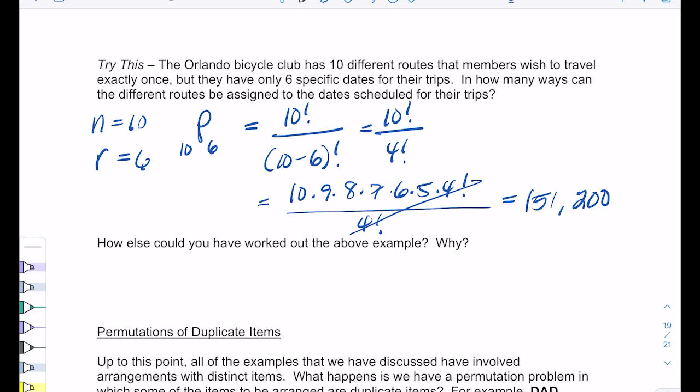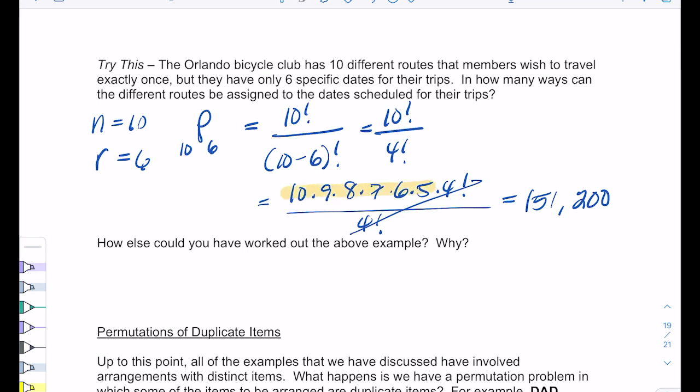How else could you have worked out the above example? Pause for a second, and think what else you could have done and why. If you thought about using the counting principle, you're correct, because this is what we did earlier. You have 6 specific dates and 10 different routes to choose from.